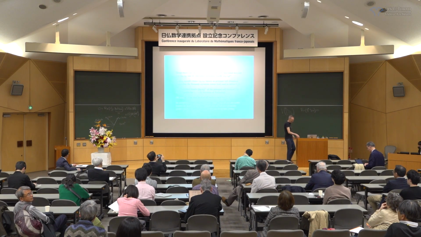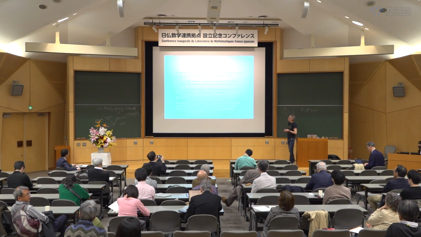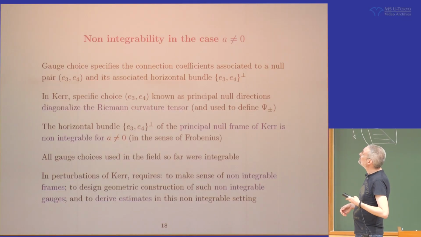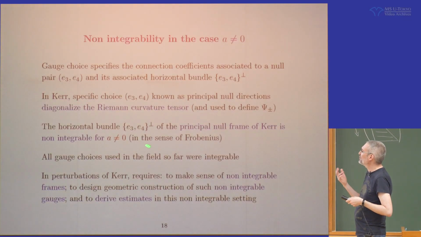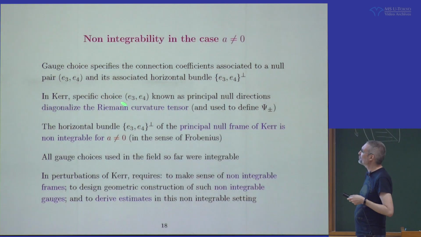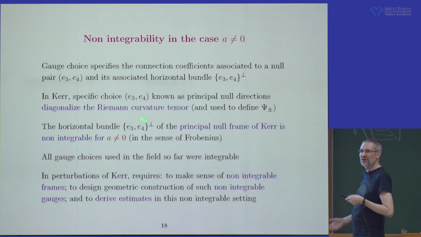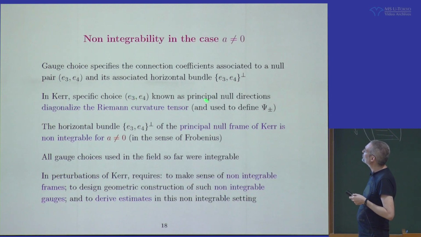So this is the picture in Minkowski, and this is what I want to reproduce first in Kerr and then in perturbations of Kerr. So what's happening is that in Kerr, of course, first of all, there are infinitely many choices of E3 and E4, but as you can imagine, only a very specific one is relevant. And the one that is relevant is known in the literature as the principal null directions, and it's very important because in some sense, it diagonalizes the Riemann curvature tensor of Kerr.